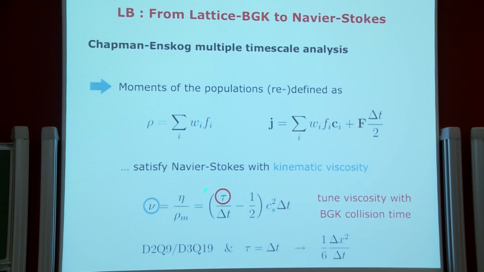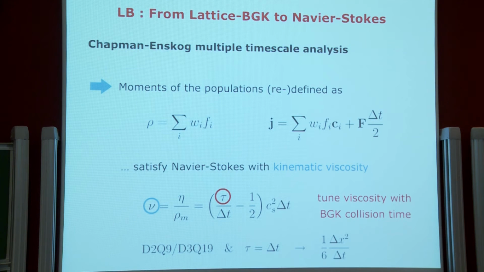And you see that it also involves some prefactor here with the characteristic collision time, tau, divided by the time step. And if you have a large time, you will have a large collision frequency.